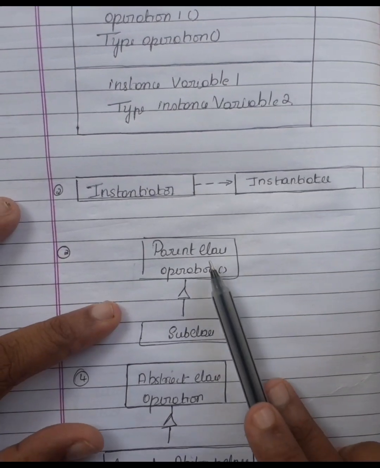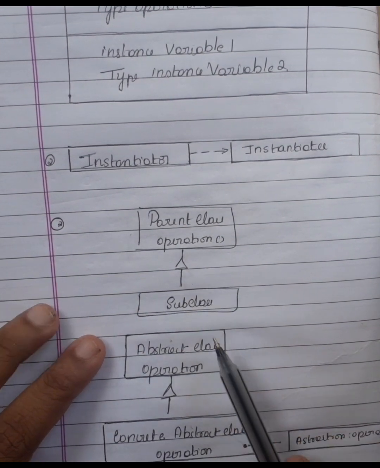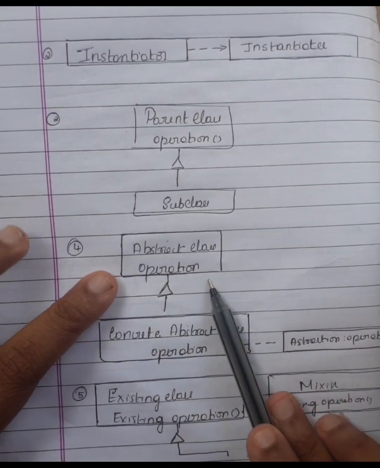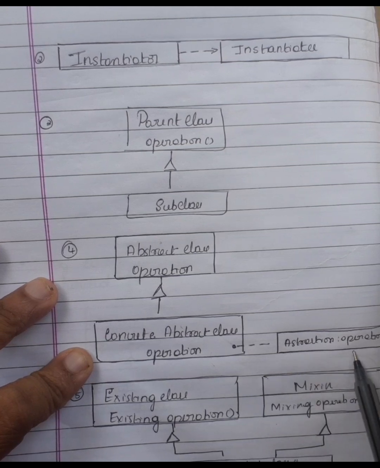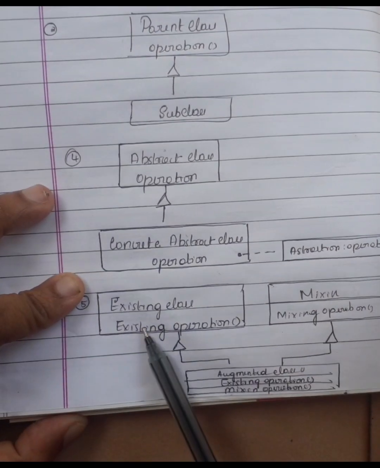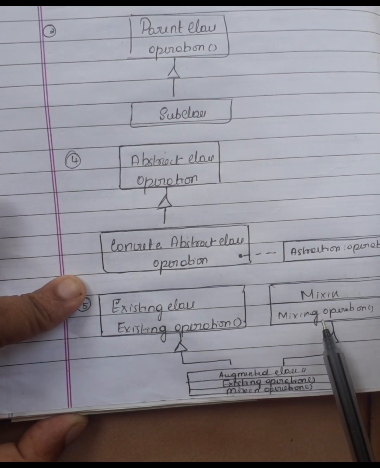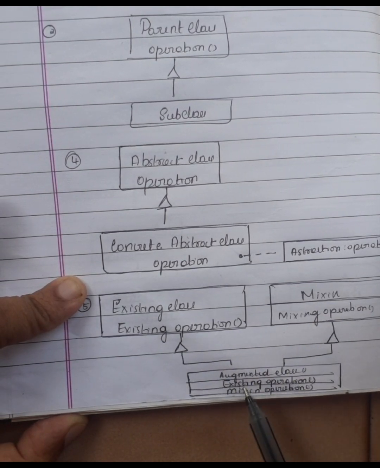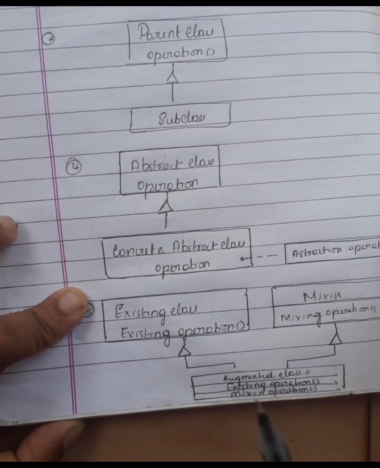Next is the parent class operation and the subclass which is inheriting from the parent class. Next is the abstract class operation, which has a concrete class, with the abstract operation deriving from that. Next is an existing class, existing operations, mix-in operations, and an augmented class which has these operations in them.